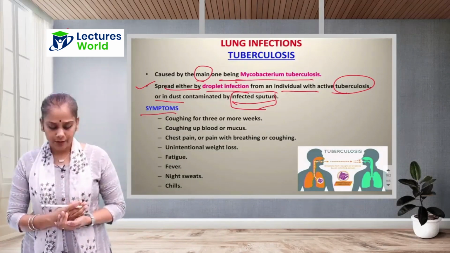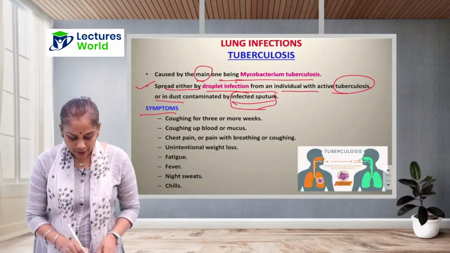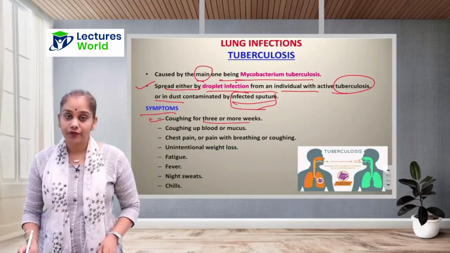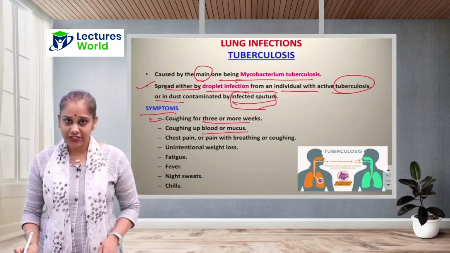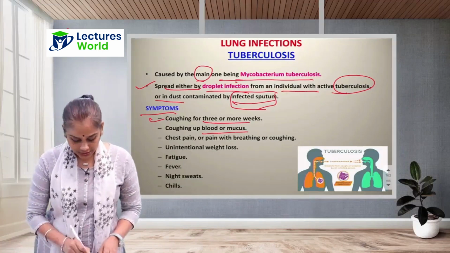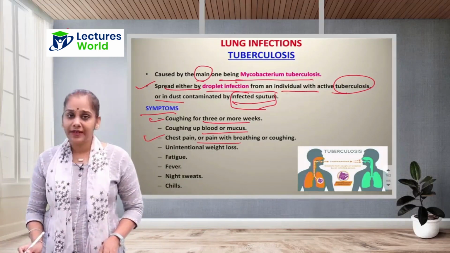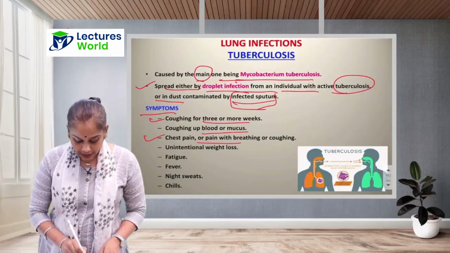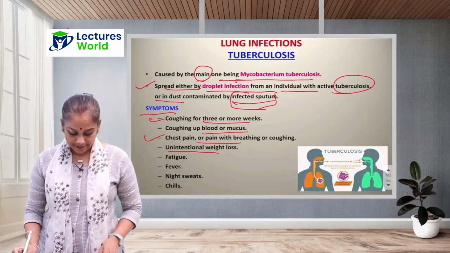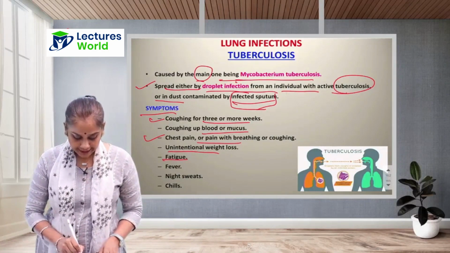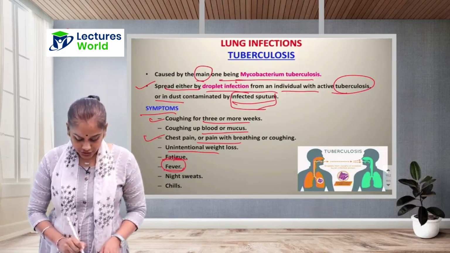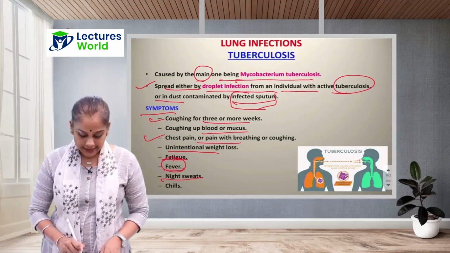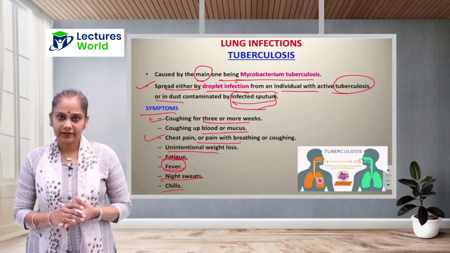Which are the symptoms of tuberculosis? Coughing for 3 or more weeks, coughing of blood or mucus, chest pain or pain while breathing or coughing, unintentional weight loss, fatigue, fever because of the infection, night sweats and chills. These are the common features.